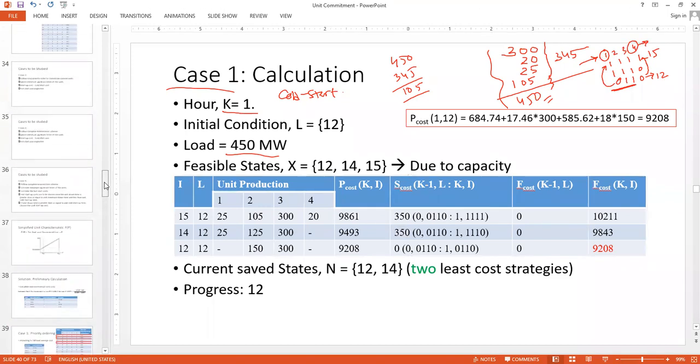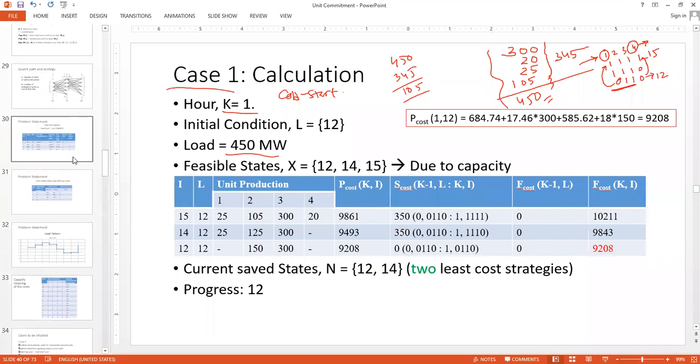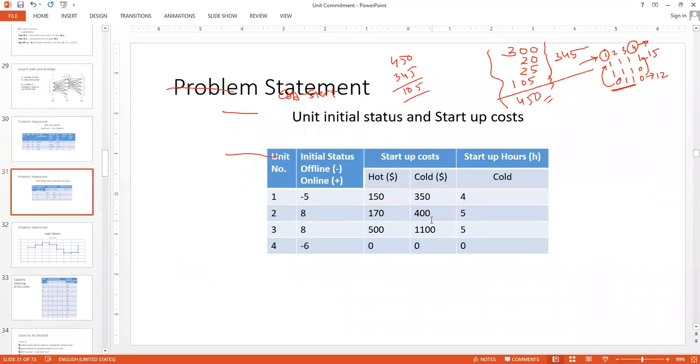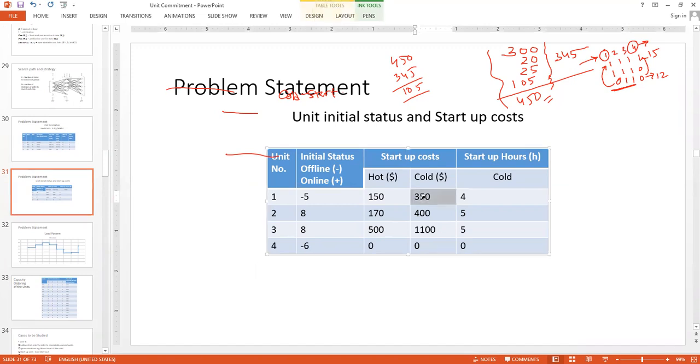Let's go back to slide number 31. So you see there is no startup cost associated with unit number 4. So that means unit number 4 will not have any additional startup cost. However, unit number 1 has some additional startup cost, and that is 350.